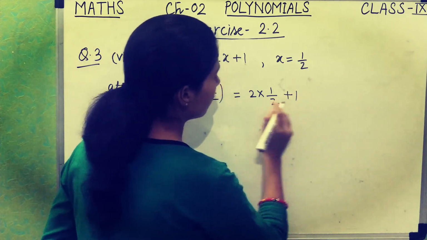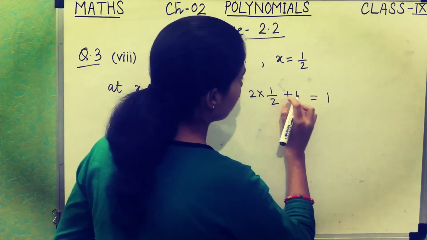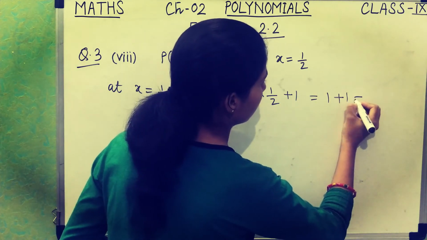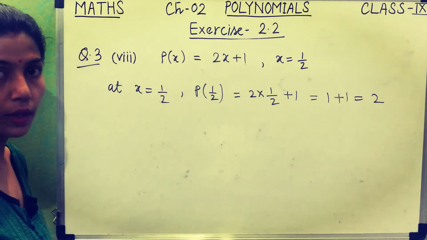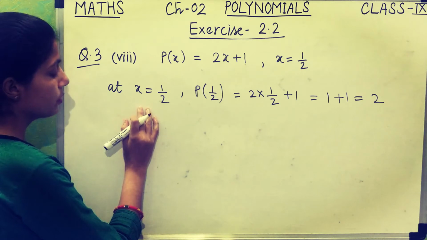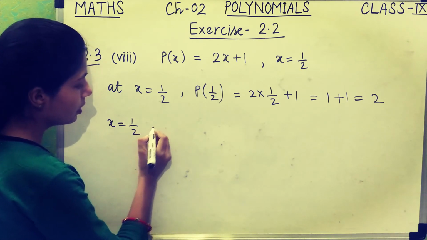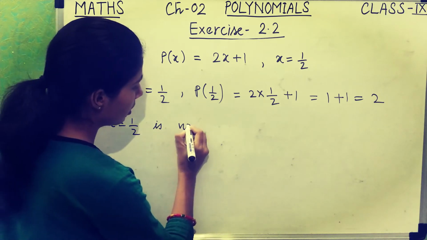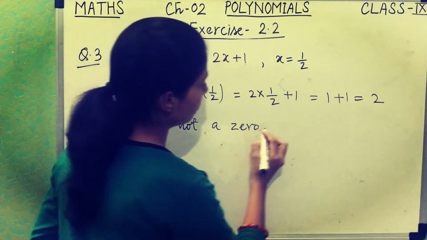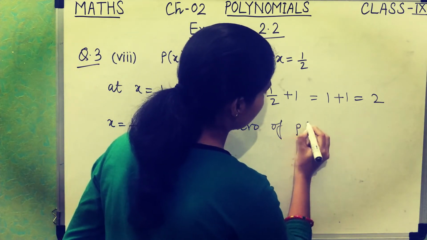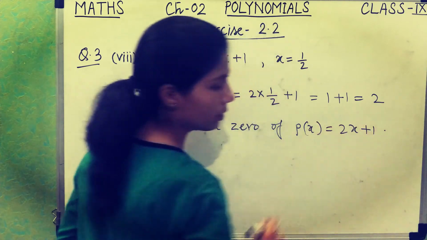So 2 is cancelled with this 2, and it is left with 1 plus 1. It is 2. That is a non-zero value. It means x equals to 1 by 2 is not a 0 of the given polynomial, that is 2x plus 1.